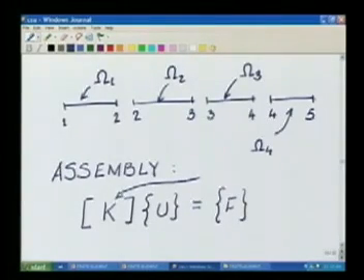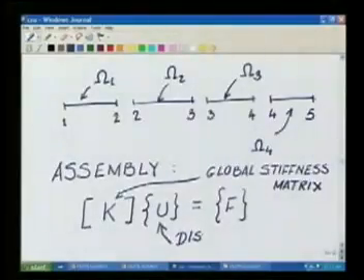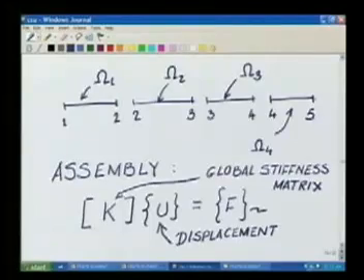K is called the global stiffness matrix. U is called the displacement vector. And F is given the name of the load vector.